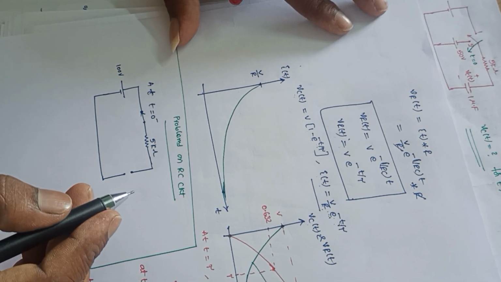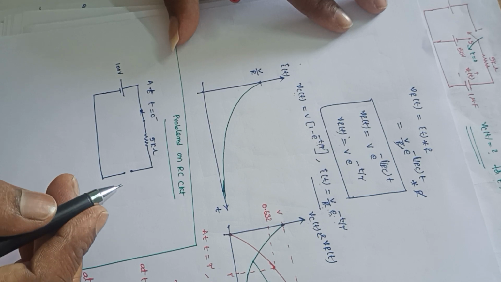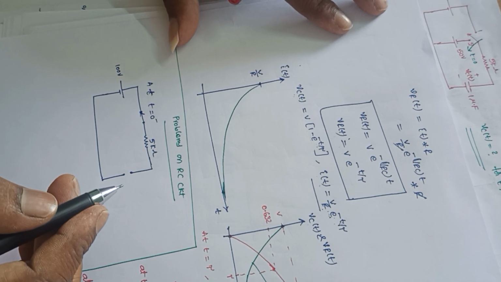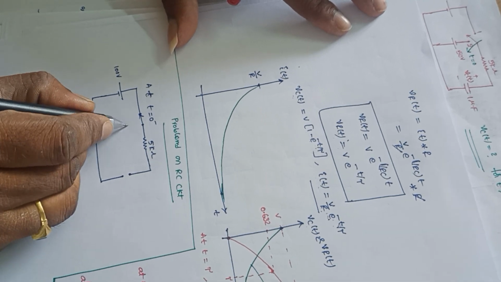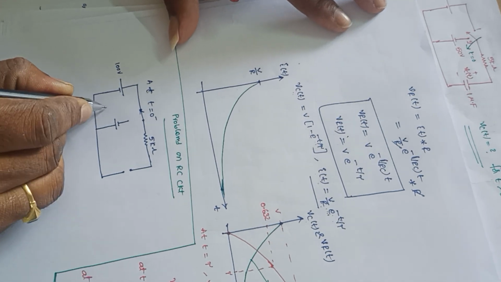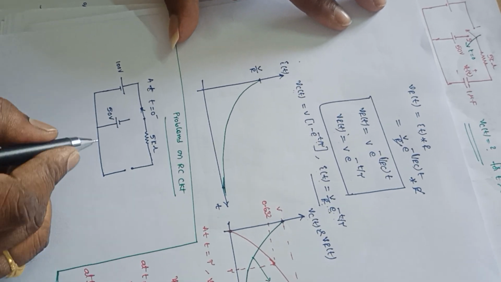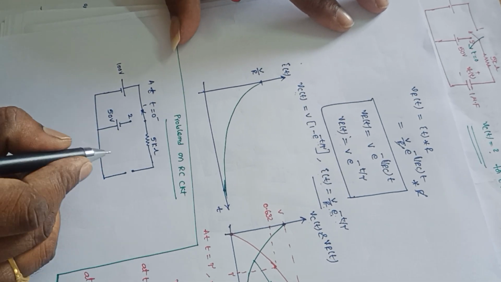The switching action is done at t is equal to 0. Before t is equal to 0, the circuit is under steady state condition. Under steady state condition, the capacitor will act as open circuit. And here the voltage source of minus 50 volts is connected. It is 50 volts. So it is position 2, it is position 1.